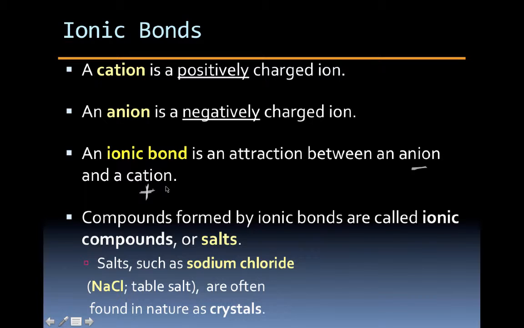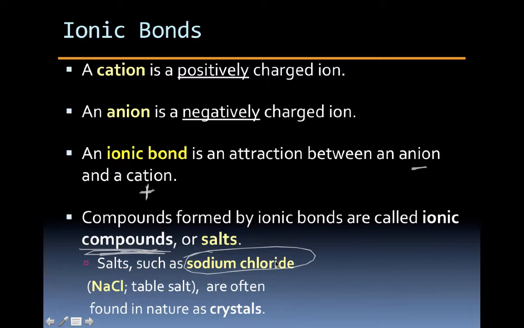When we put sodium and chlorine next to each other, we get a compound called salt, table salt, also known as sodium chloride. This is a compound because it is formed from two different types of elements. We're not calling it a molecule because there are no covalent bonds involved and there's not a specific number of atoms involved.